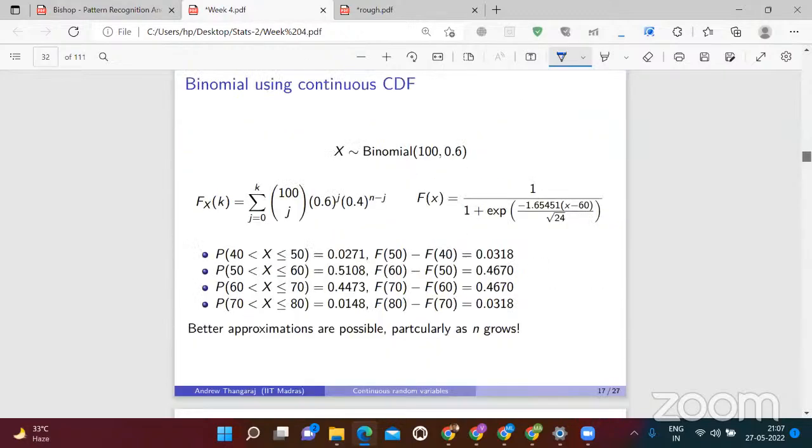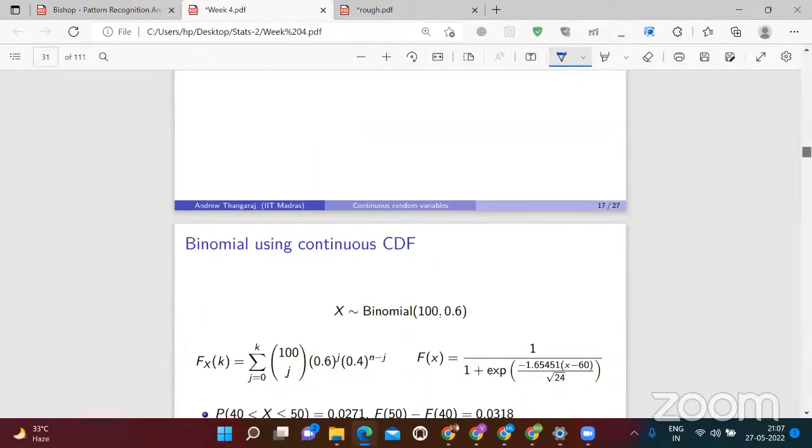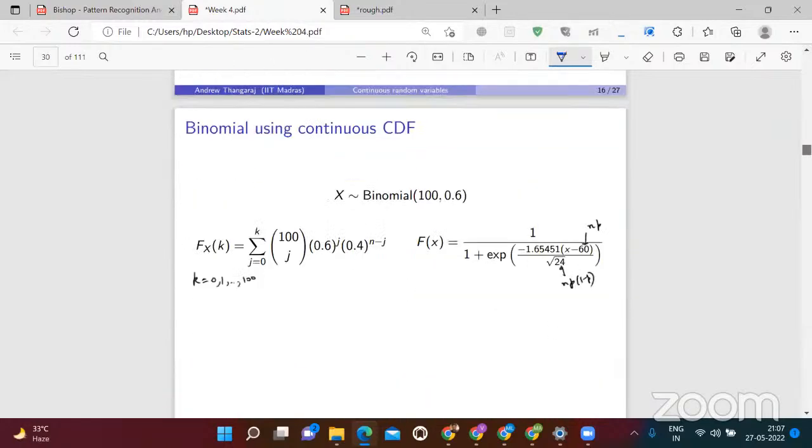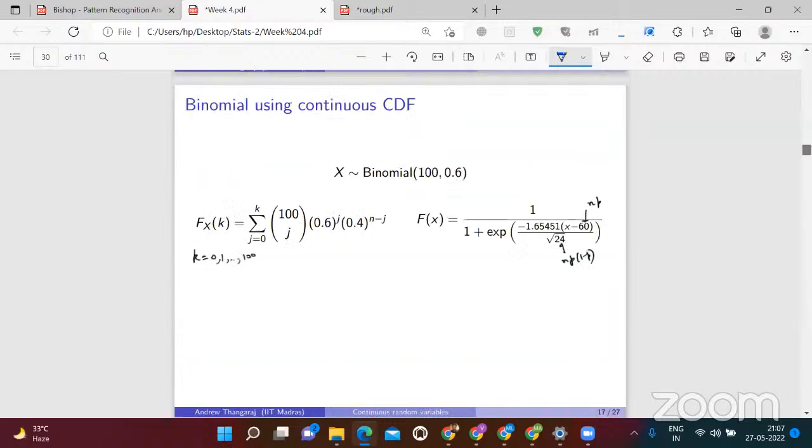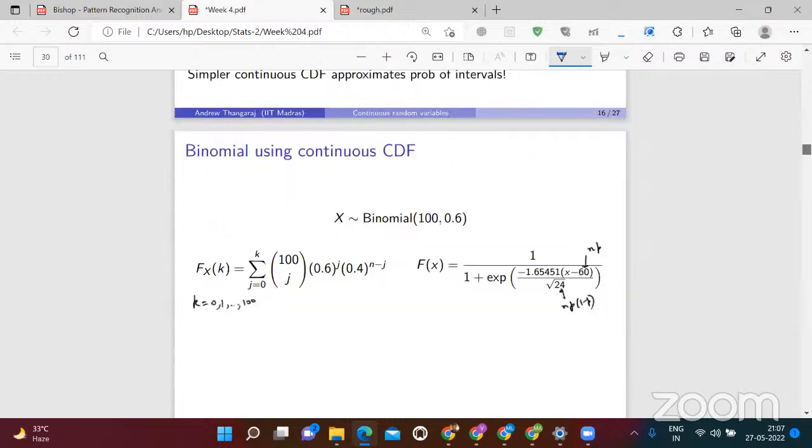Please explain the binomial, sir. Okay, for the binomial, where did that minus 1.65 value come from? In the formula, in the right part, in the denominator it is written 1 plus exponential. This one? Yeah. He just wrote it to show how to represent this.